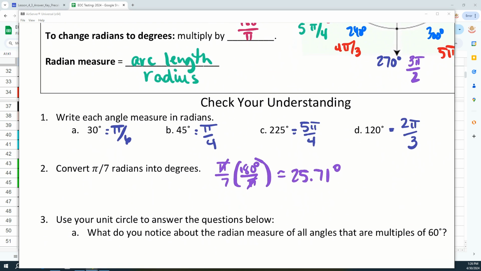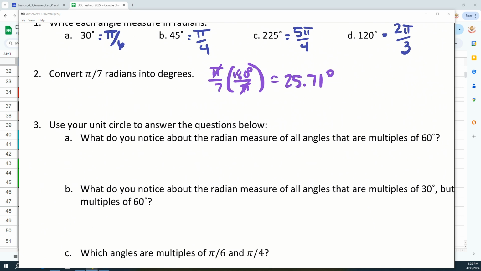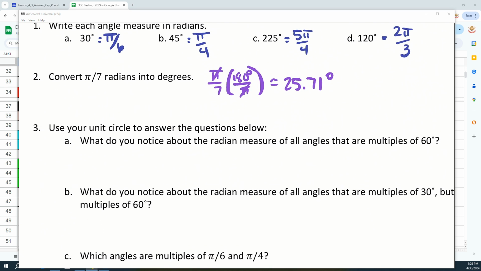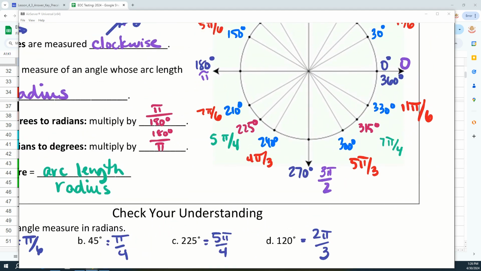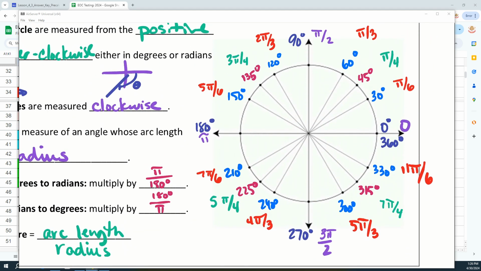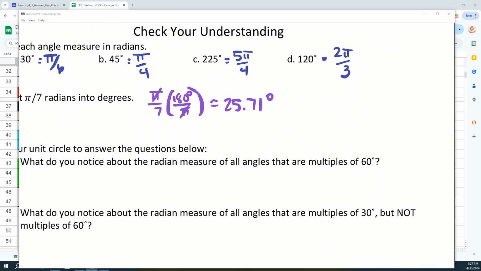All right. And then 3 is asking us just to find things in common on the unit circle. So A asks, what do you notice about the radian measure of all the angles that are multiples of 60 degrees? So my multiples of 60 degrees are these. What do you notice about their radian measures? 3's in the denominator. All right.